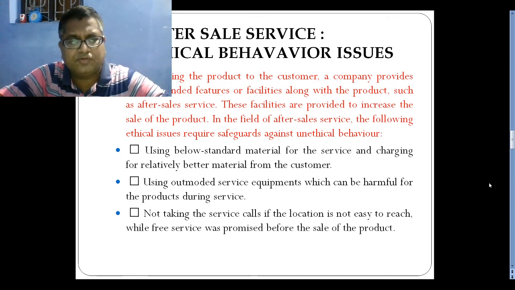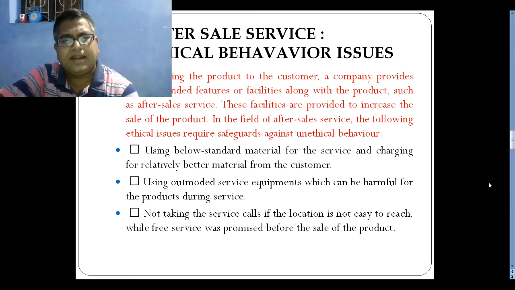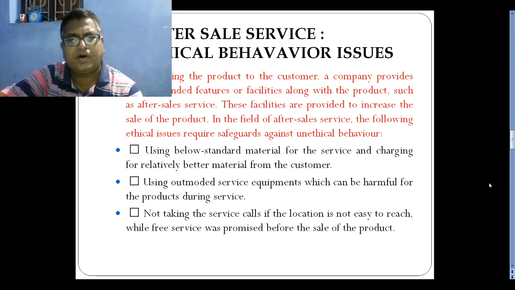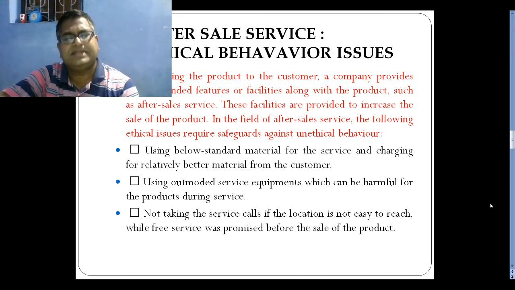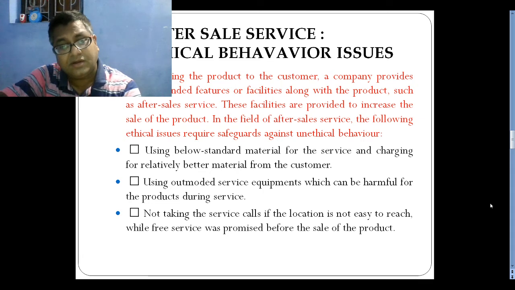Better material, good raw materials should be used in a particular product, and automated systems should be adopted, and service calls through telephone or any type of technology we can adopt. We can easily trace and reach the services, and free services are to be promised, and those free services should be fulfilled also. These are some of the unethical behavior and ethical issues to be addressed in after sale service.